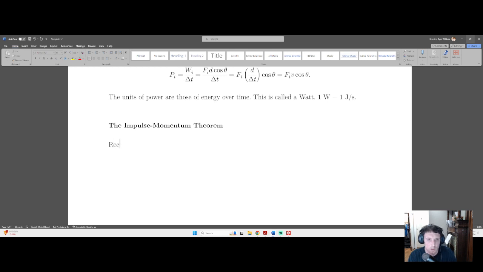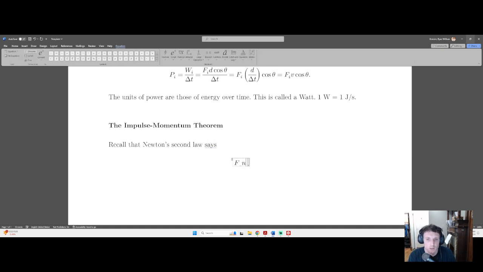Recall that Newton's second law says the net force on an object is equal to the mass times the acceleration on it. Let's think about a one-dimensional situation, and I'll explain how this generalizes to 2 or 3 dimensions. Let's imagine all this is happening along the horizontal axis right now. So I'm not going to write vectors just yet.